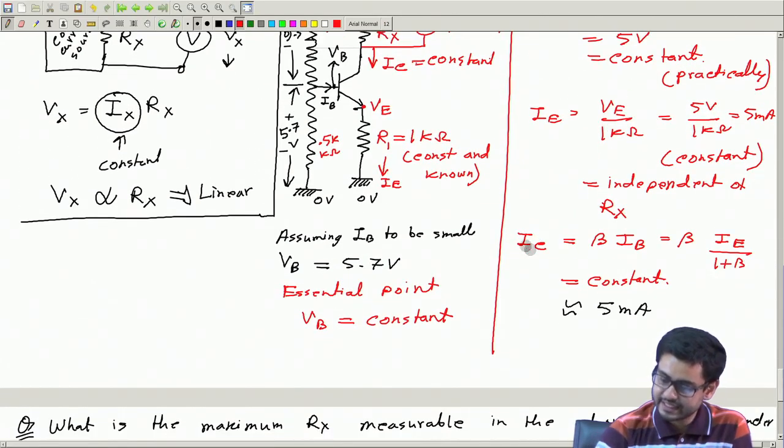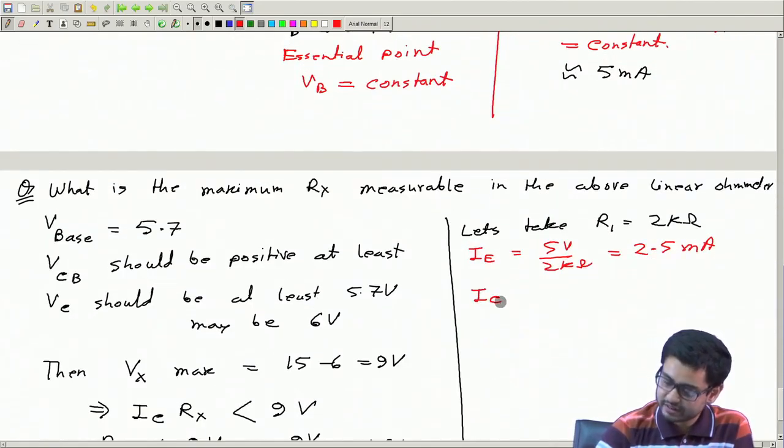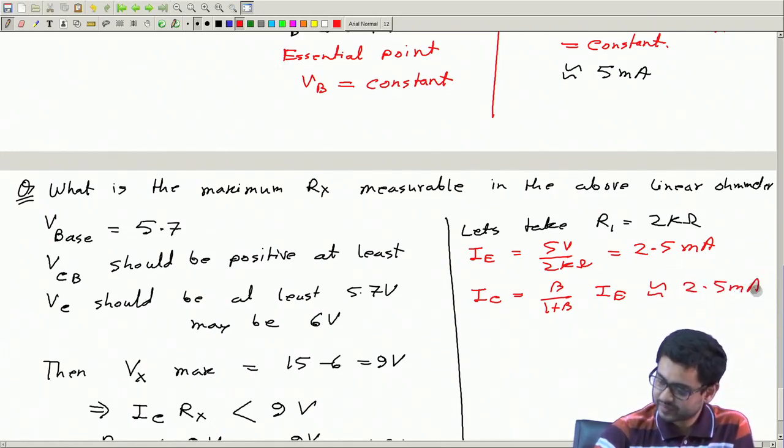And then IC is approximately equal to IE if beta is very large. IC equal to beta by 1 plus beta times IE is approximately 2.5 milliampere.